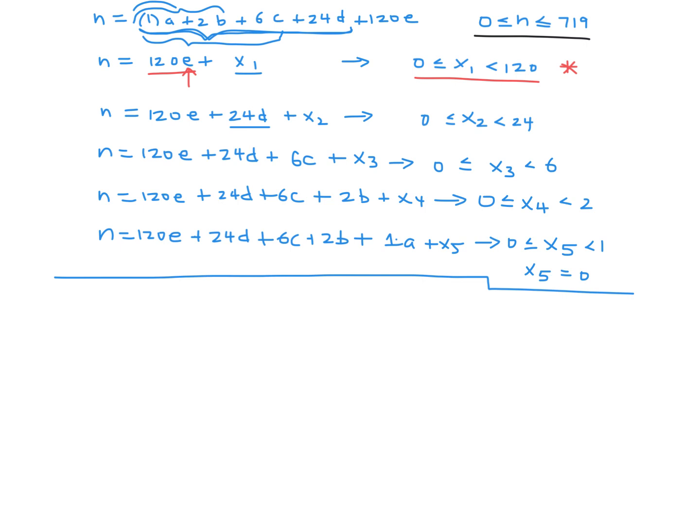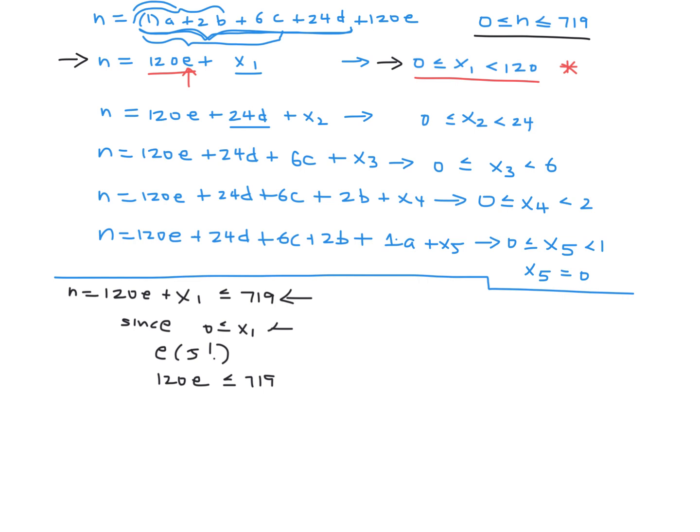Let's start with the first one, where n was 120e plus x1, and that has to be less than or equal to 719, which is my first one right here. Correct? Now, since we know that x1 is greater than or equal to 0, as I have listed here, that means that e times 5 factorial, or 120e, has to be less than or equal to 719.